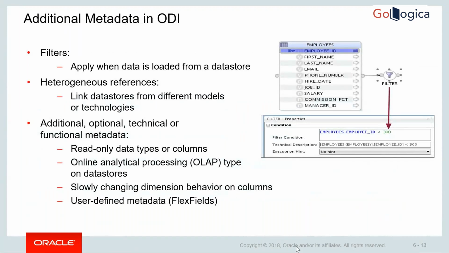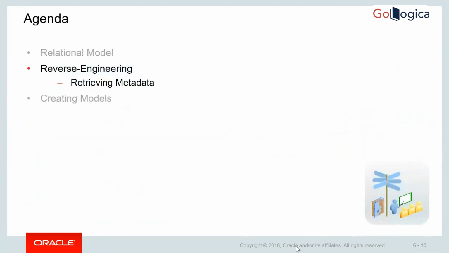In the models, we can define a filter so that only the filtered data is loaded, and we can get the model data stores from different sources and combine them. How are we getting this model? By using a process called reverse engineering.